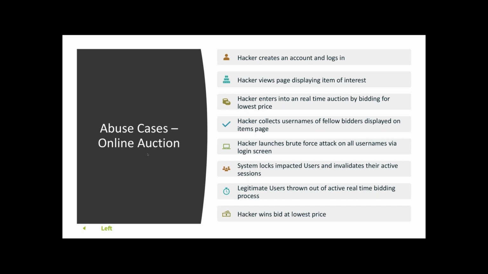And like any Dutch auctioning system, the person with the highest bid wins in real time within the scope of that bidding process. So if a hacker or an attacker decides to participate in this bidding process, he could effectively circumvent that process to benefit his cause. So let us walk through the series of steps to understand how he could circumvent that process.